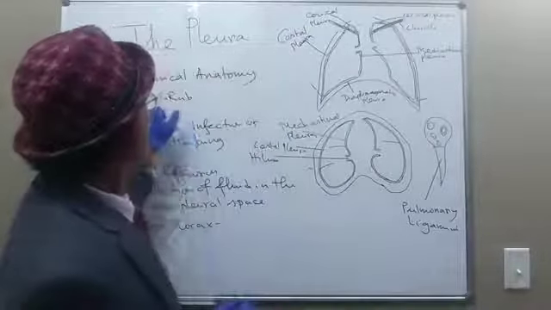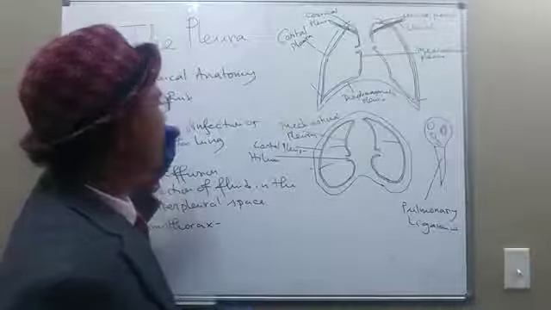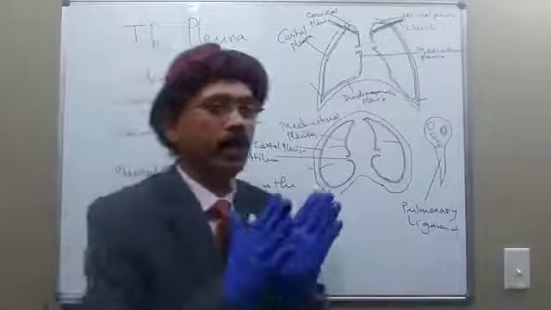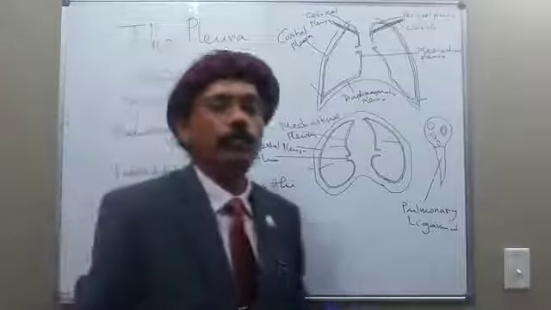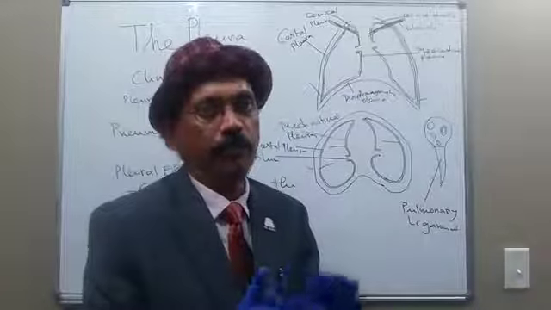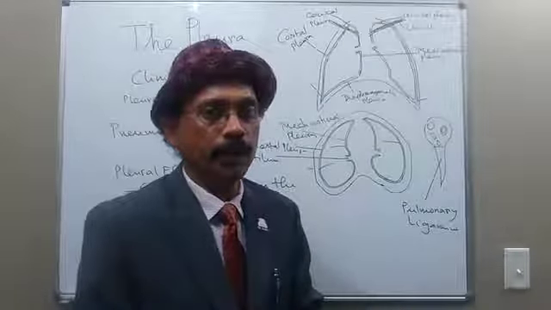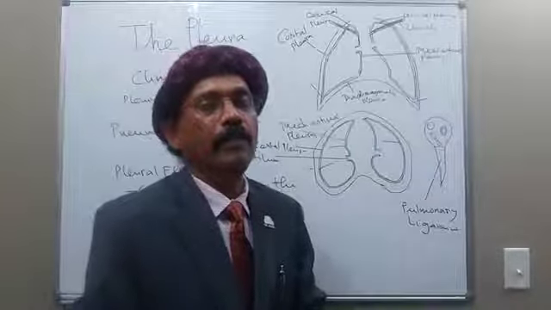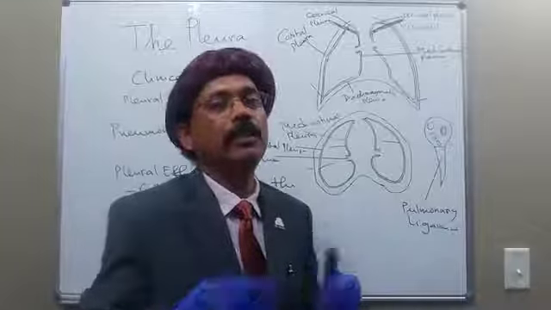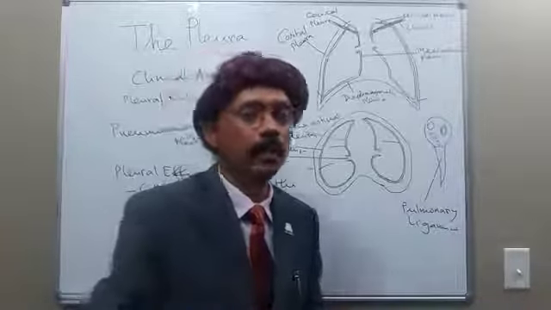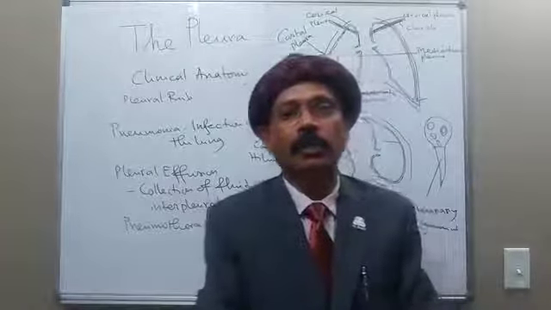So in some condition, if there is an infection of the pleura, there may be adhesion of the pleura and the pleural surface may be rough, and we'll get the pleural rub. If you place stethoscope, we'll get the pleural rub. Friction sound between the parietal pleura and visceral pleura, that is usually painful. Okay, and if the patient stops breathing, there will be no pleural rub. Again, he or she breathes, then there will be pleural rub. So that's all about the anatomy of the pleura.